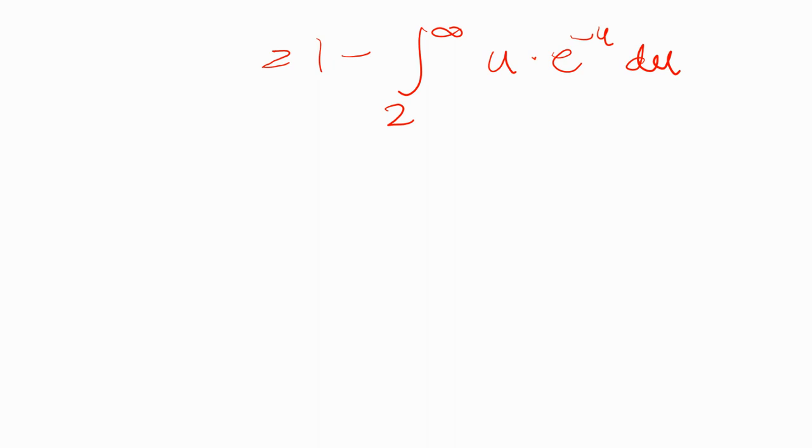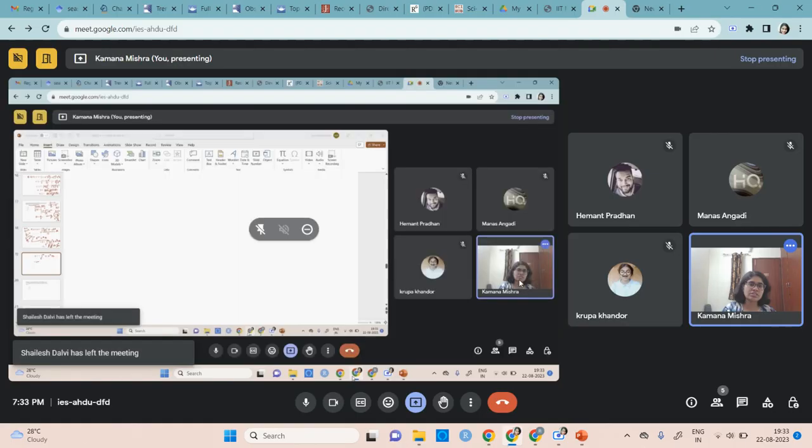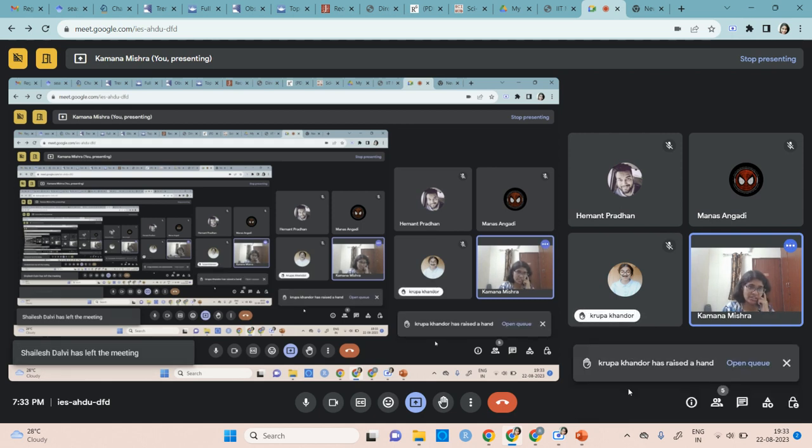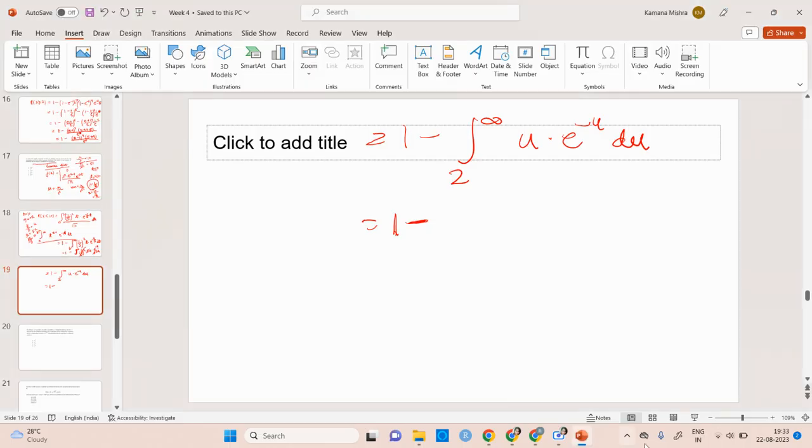Now it is not from 0, so we cannot directly use that function. What we will do is integration by parts. Does anybody know how to do the integration by parts? How many of you are from a mathematics background? Himmat, you are not from mathematics. Okay, Kripa, you are from a mathematics background, so you know this integration, right?